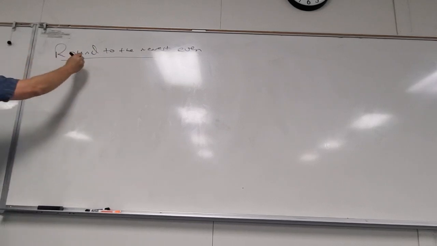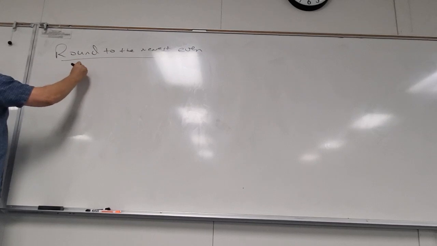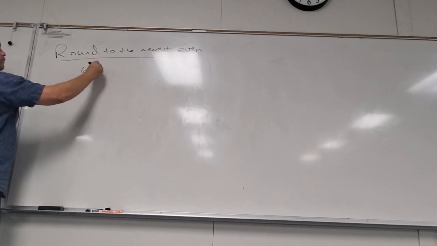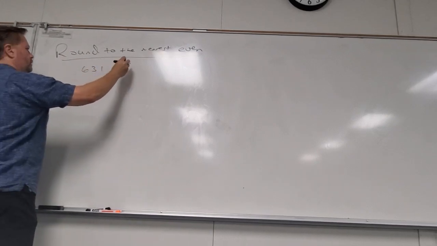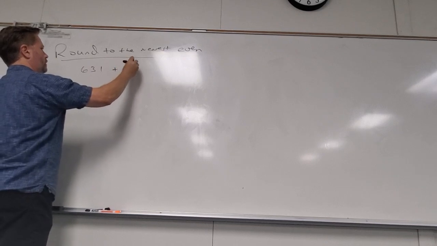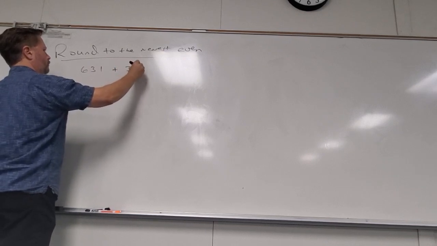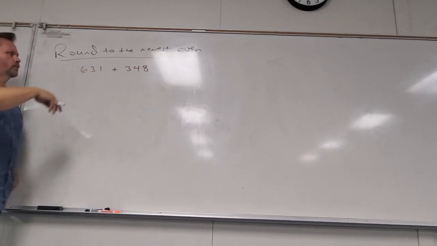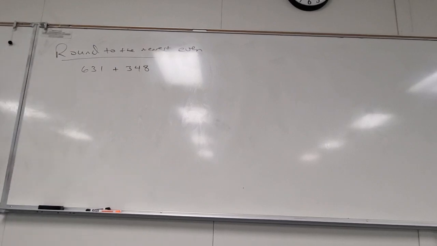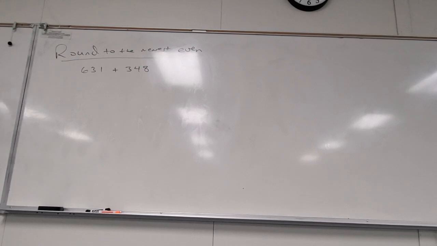So if I was doing, let's say, 631 plus 348, and I'm doing two-column estimation, in this case it means to go to the tens place.